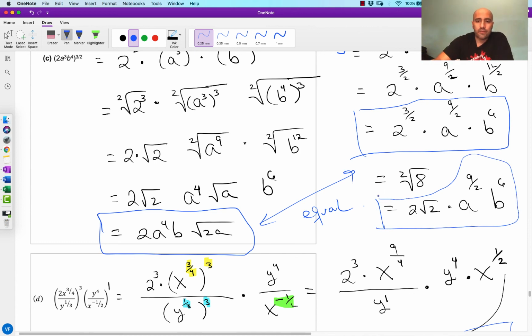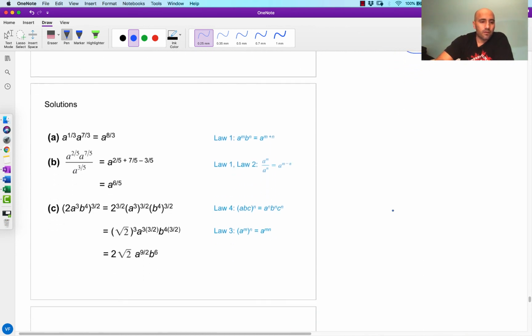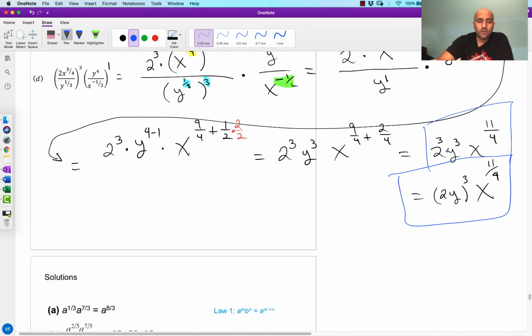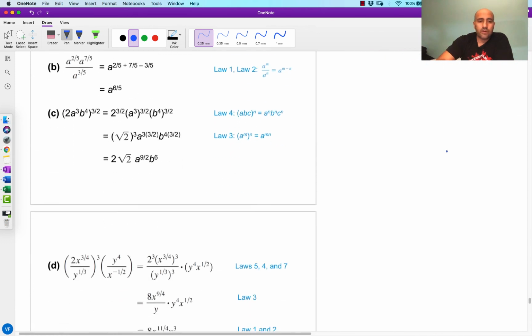Right, so that's what the author did there. So that gives you this, 2 root 2, a to the 9 over 2, b to the 6th. Okay, so that was that one.